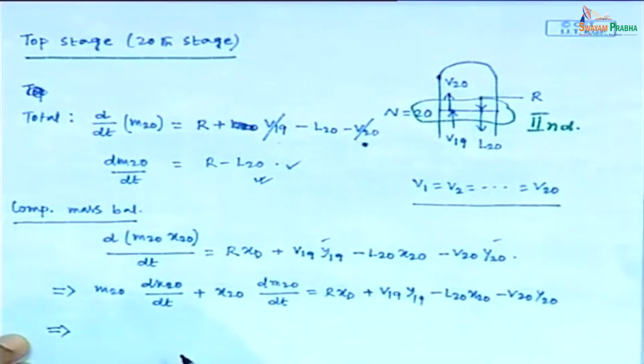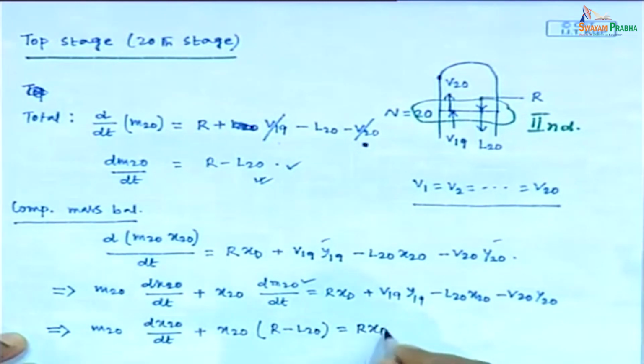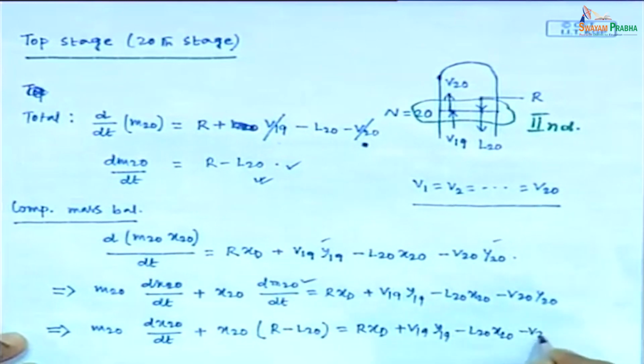If we substitute the total mass balance, X20 dM20/dt plus M20 dX20/dt, we get R minus L20 equals R xd plus V19 y19 minus L20 x20 minus V20 y20. So, L20 x20 is cancelled out.